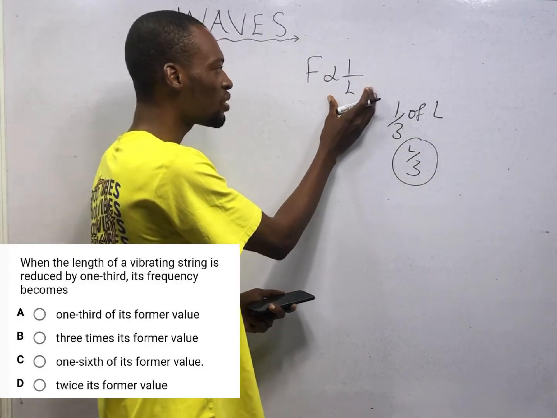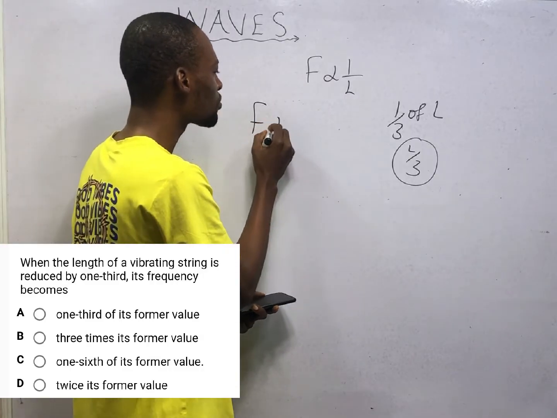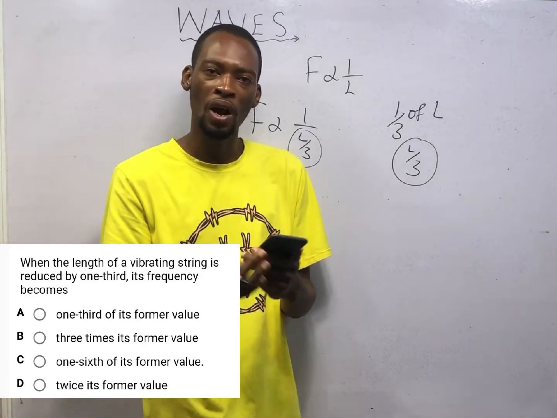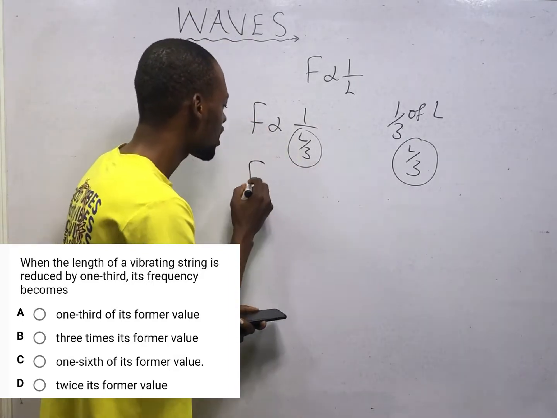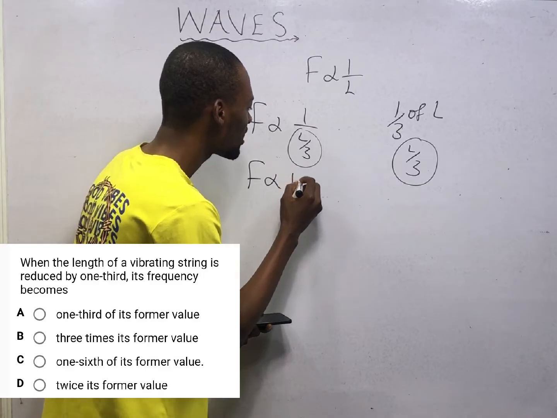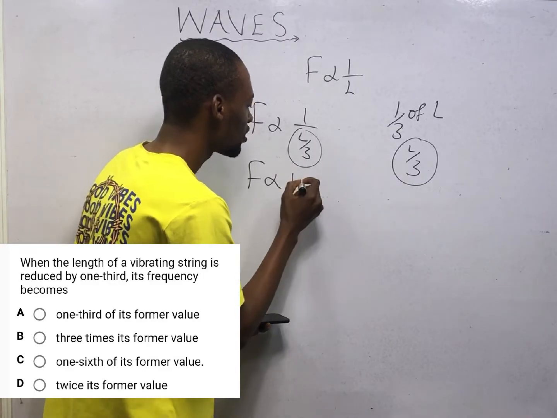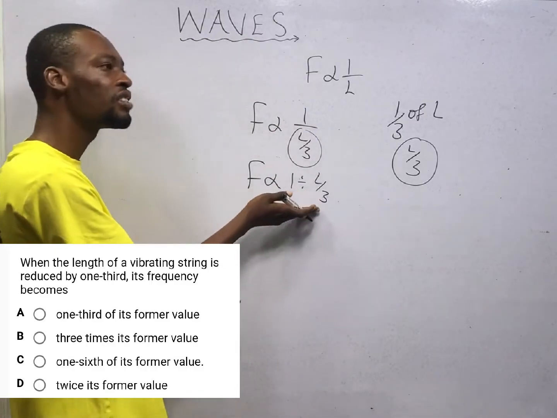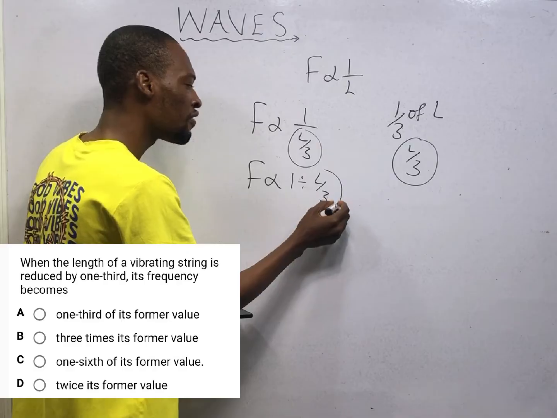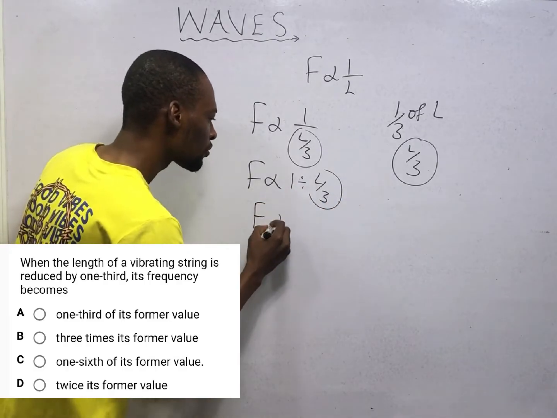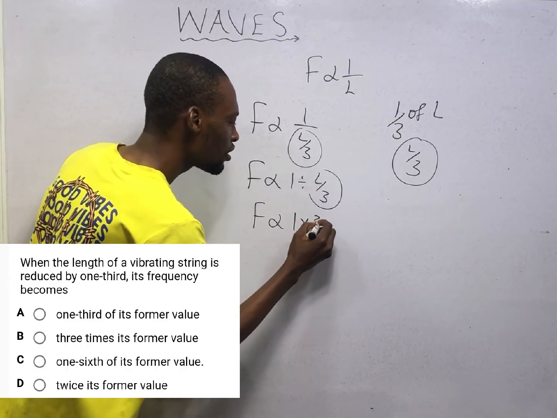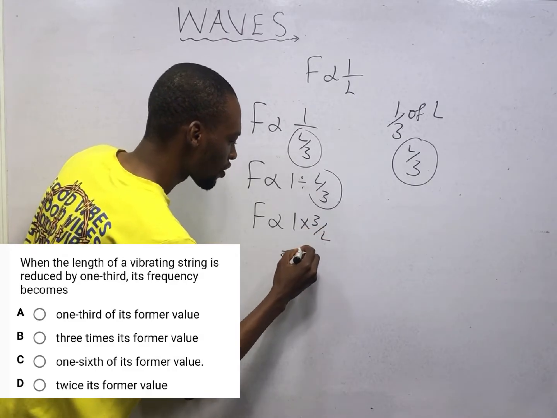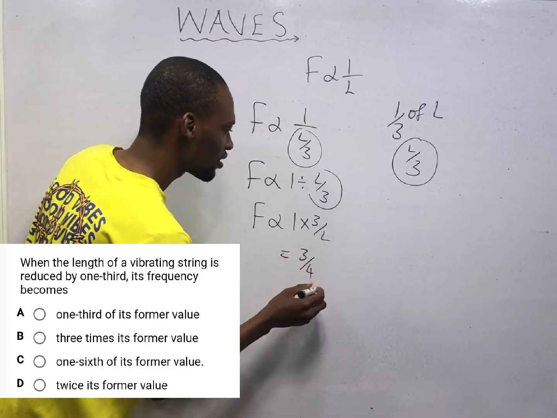So if this new length is used here, this is simply F is proportional to 1/(L/3). Dividing by L/3 is the same as multiplying by the inverse, so this becomes 1 times 3/L, which gives you 3/L.